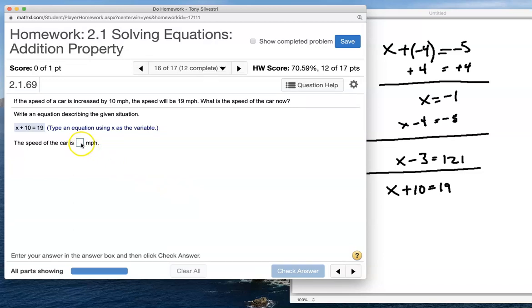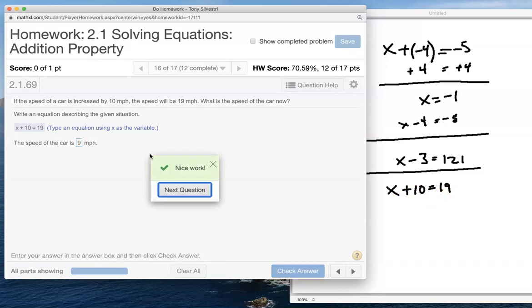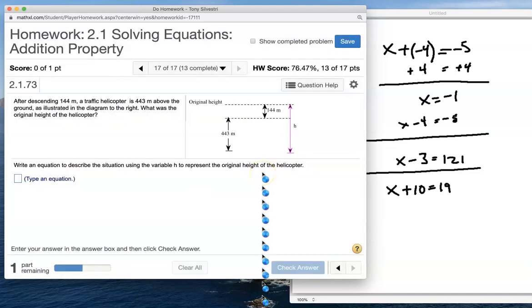And the speed of the car was, I should say was, I'm going to subtract 10 from both sides. It was 9. Okay, not is, because it is 19 miles an hour now. So they really should have used the proper English.